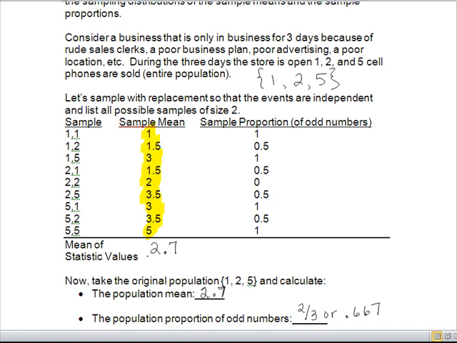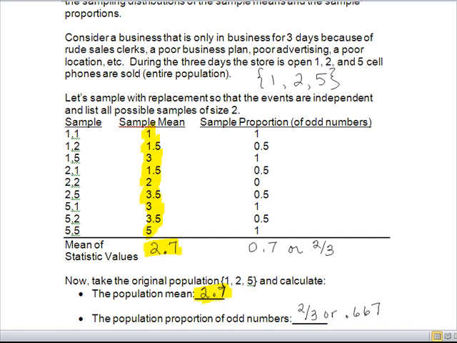Okay, so what do we note? Well, what we want to note is that the mean of the sample means is the same as the population mean, and the mean of the proportion of odd values is the same as the population proportion.